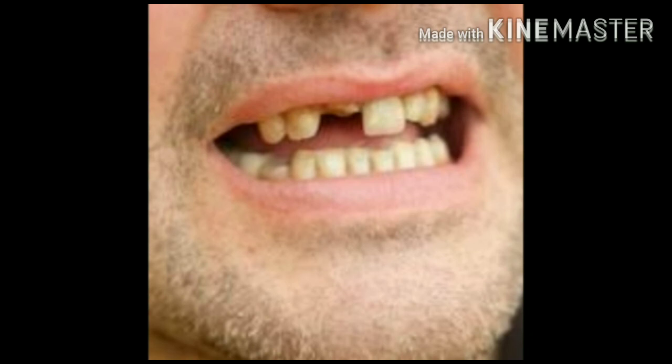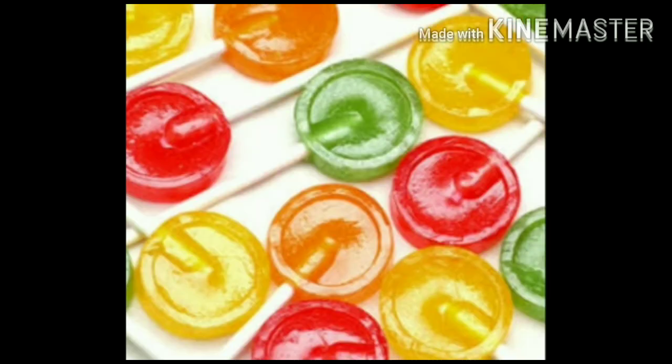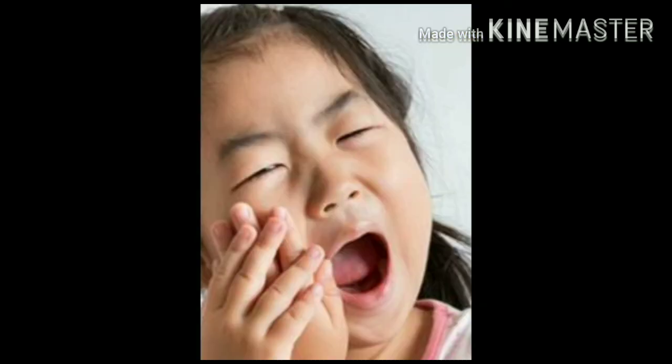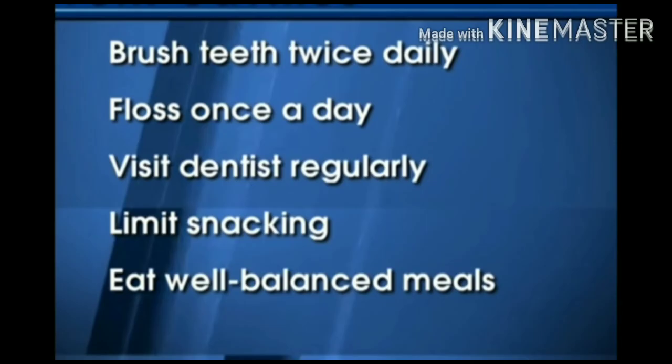Do you have any experience, children? See, chocolates, sweets, soft drinks and other sugar products are the major cause of tooth decay. Tooth decay can be prevented in the following ways.